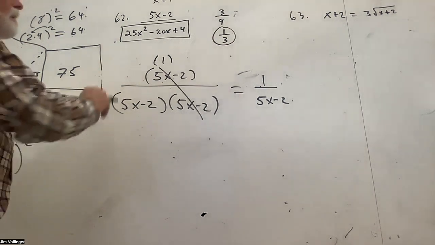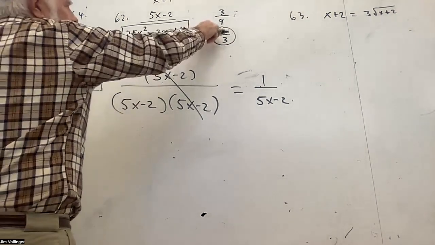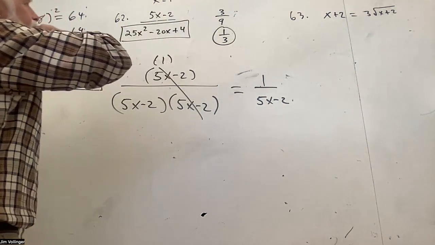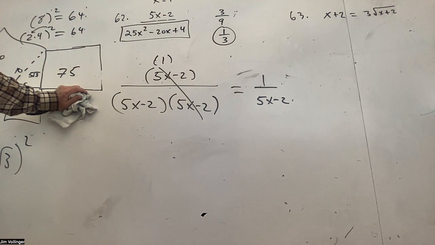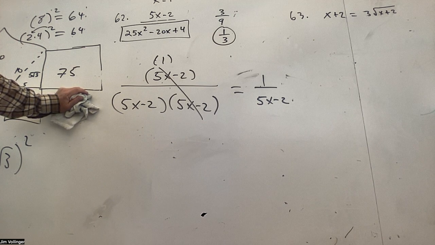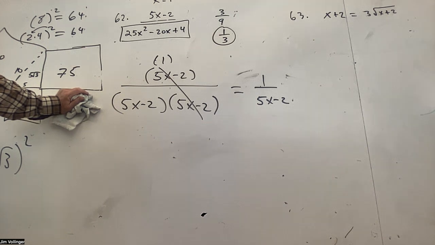Oh, well, no, I wrote that. Did I copy it right? Did I make a boo-boo somewhere? 5x minus 2 times 5x minus 2. Maybe you're spotting it on the video, that I did something stupid. 5 times 1 is 5, minus 2 is 3.